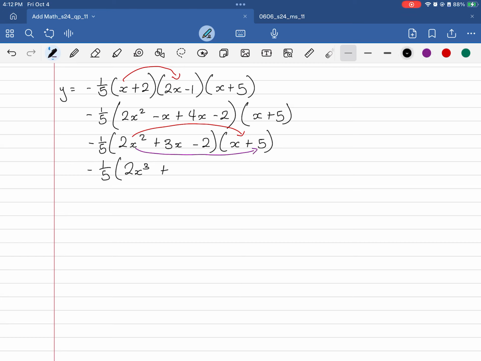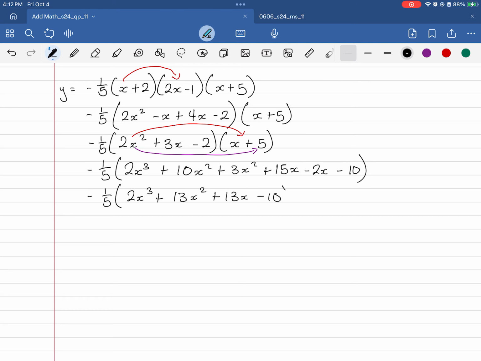So plus 10x squared plus 3x squared plus 5 times 3 is 15, so 15x, then minus 2x minus 10. Right, now let's collect like terms. You have 2x cubed plus 13x squared plus 13x minus 10.